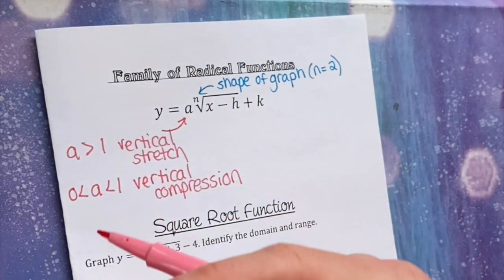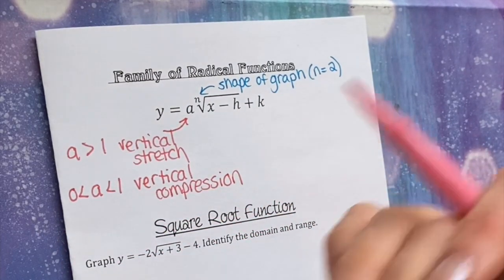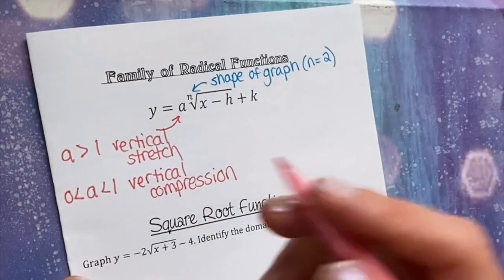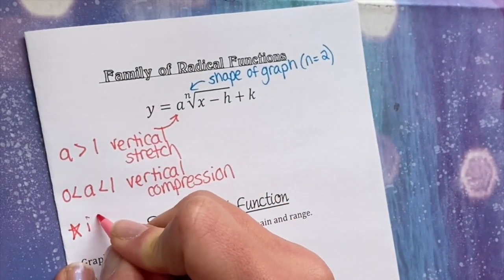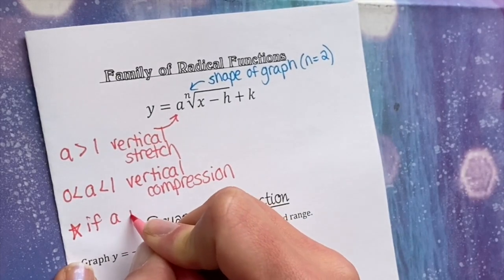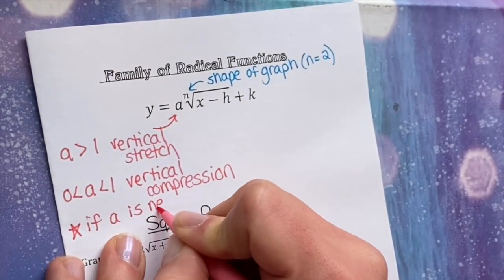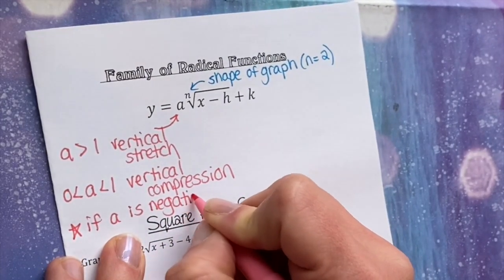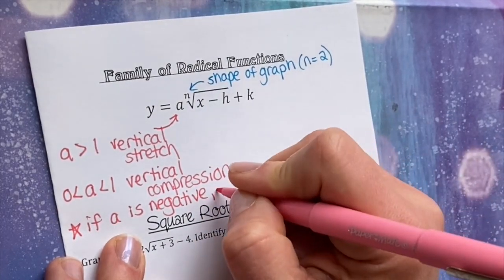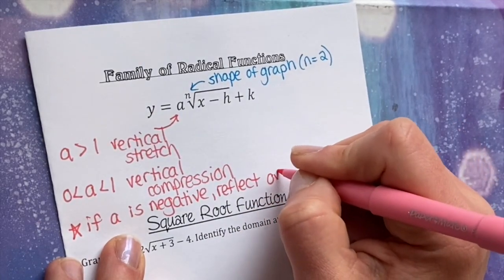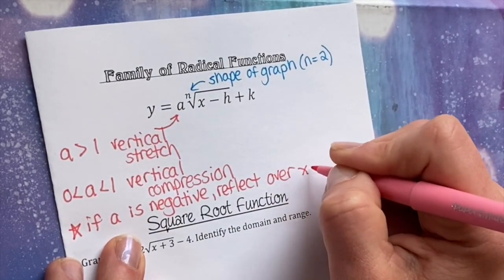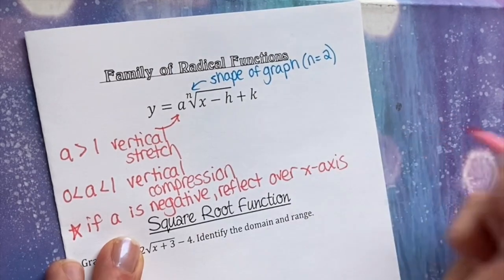So that means the curve would be flatter. A also tells us if it is negative, that represents a reflection over the x-axis.